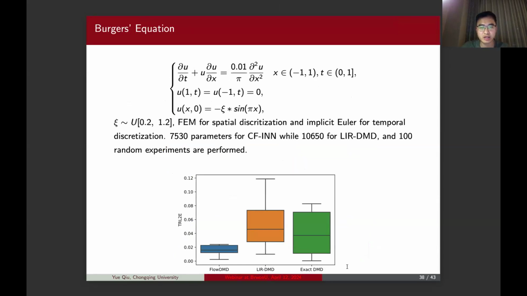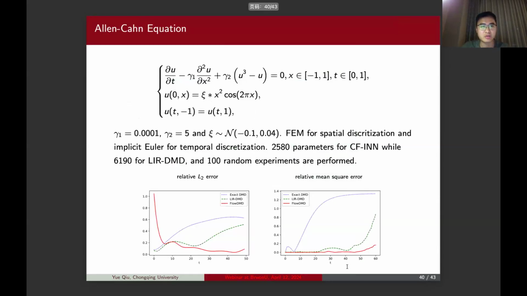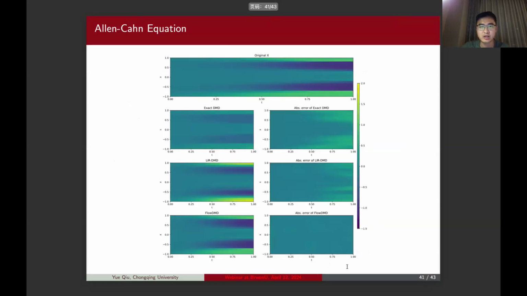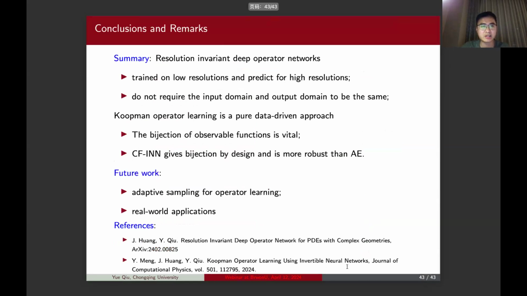For the Burgers' equation, similar results also appeared, and also for different problems, and the performance is consistent compared with the other kinds of methods. Okay, to summarize, the first one is that our resolution invariant deep operator network can train on low resolutions and predict for high resolutions.